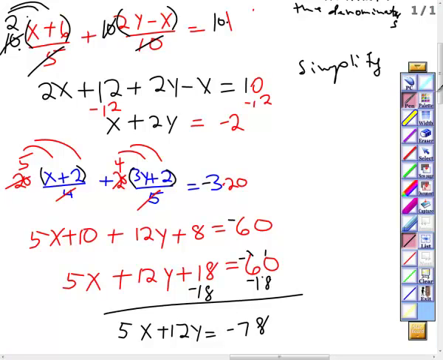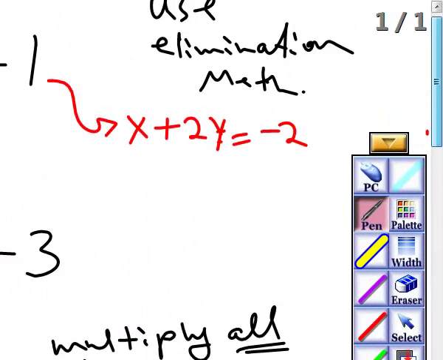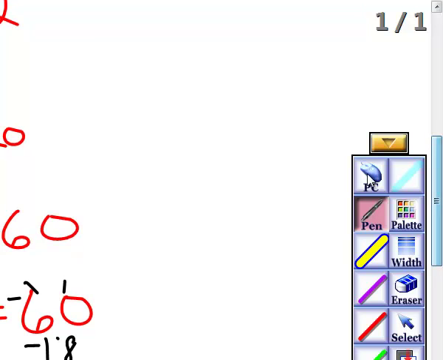So our two equations are 5x plus 2y equals negative 78, and x plus 2y equals negative 2.